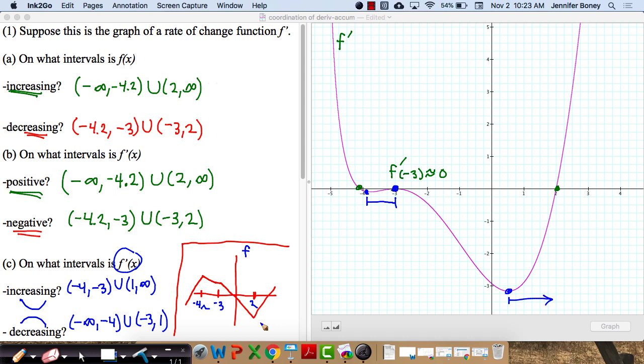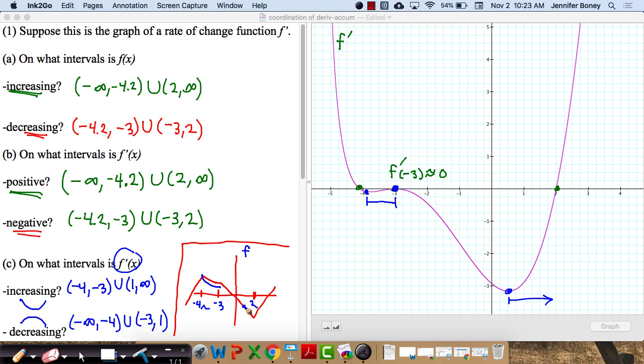If I want to talk about how it's curved, some of it's kind of the same, but this portion between negative 4 and negative 3 should be curved upward, although decreasing most of the way at least. And then from 1 to infinity, it's curved upward again.